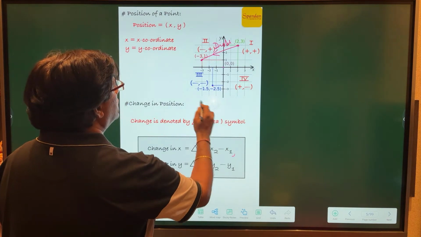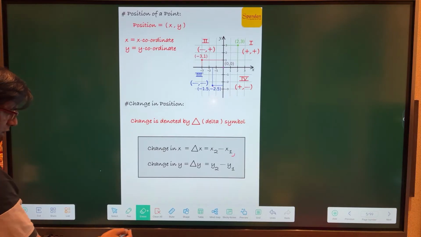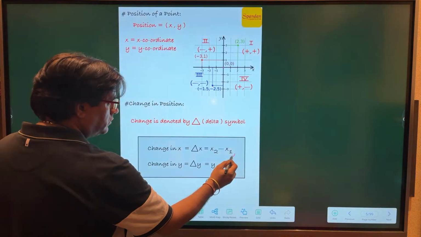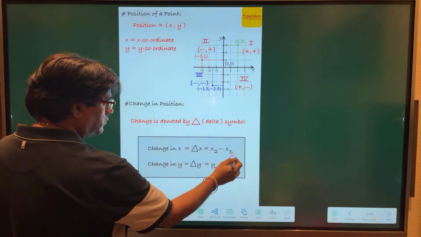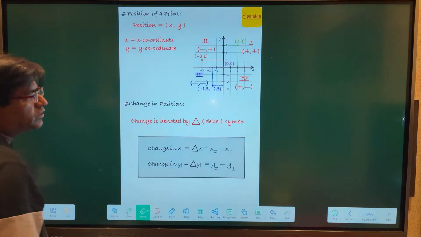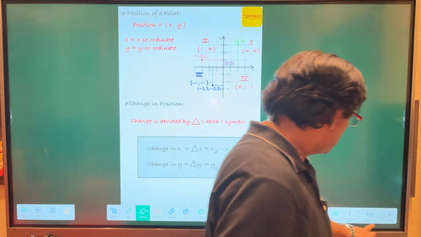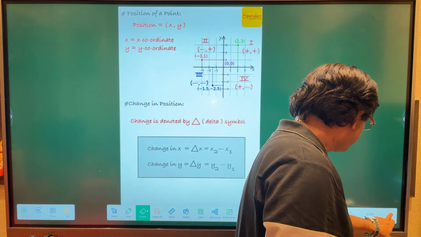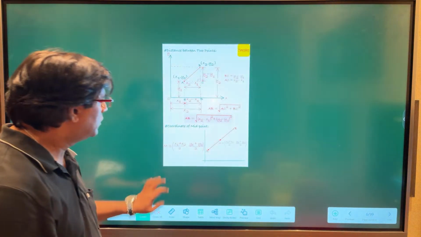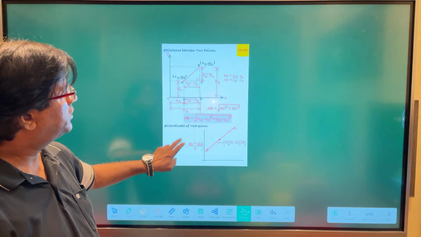So next we will see some terms related to coordinate geometry, basic coordinate geometry.